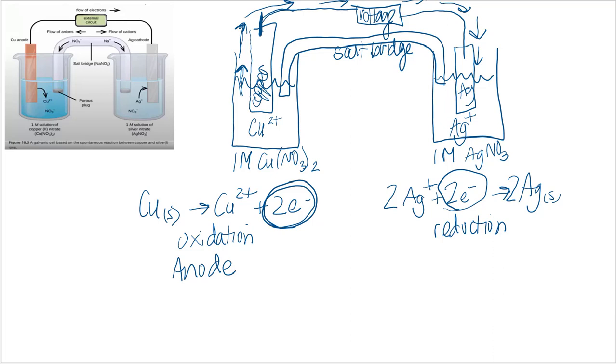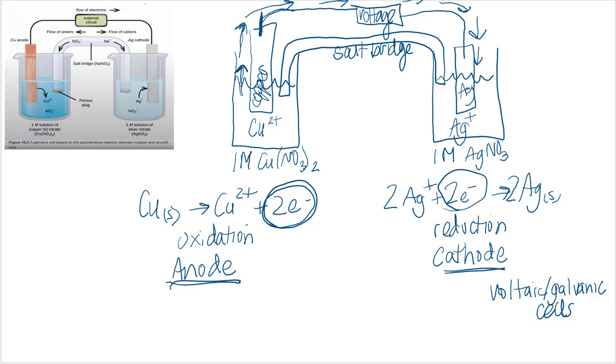And you should know that the cathode is the half cell where reduction occurs. And in notation, we always write the anode on the left and the cathode on the right for voltaic cells. And this is for voltaic or galvanic cells.